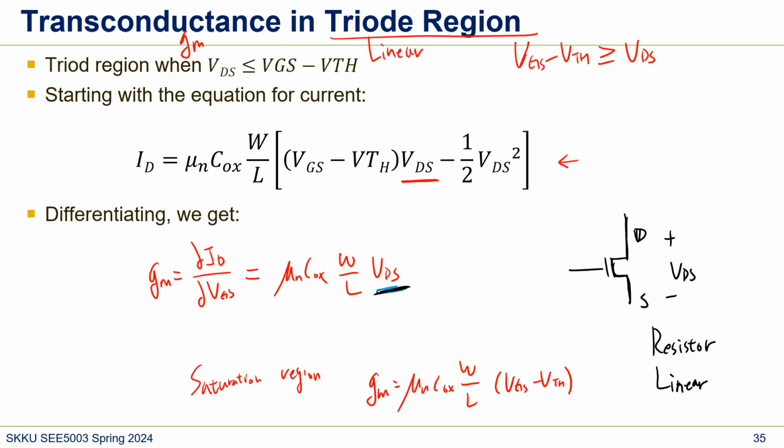The current is proportional to VDS, which is just R, right? So this is like a linear resistor, or literally the linear region.